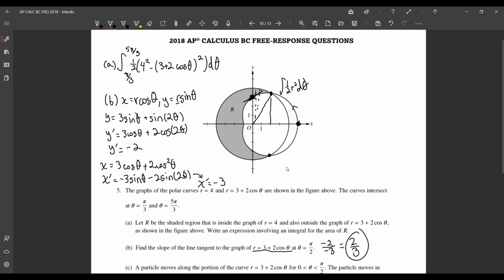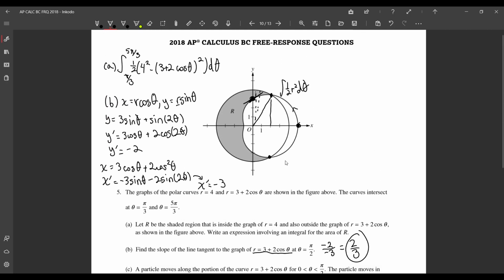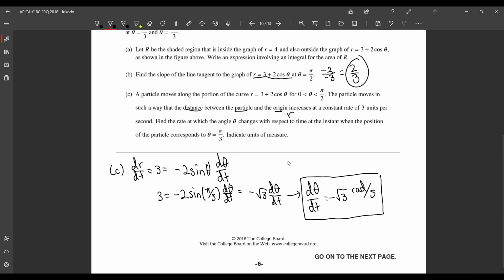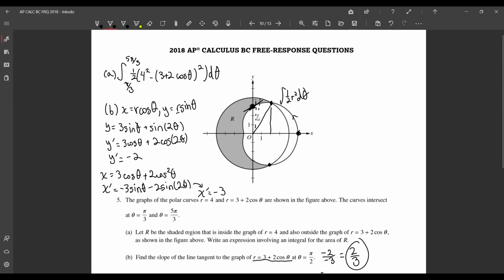All right, and that makes sense. I was confused at first because I thought, you know, when it indicated this portion, I thought theta would be increasing, but of course this answer makes sense. It has to be theta is decreasing, because for r to be increasing, we have to be moving along this portion, right? Because of course we have the circle to compare to.